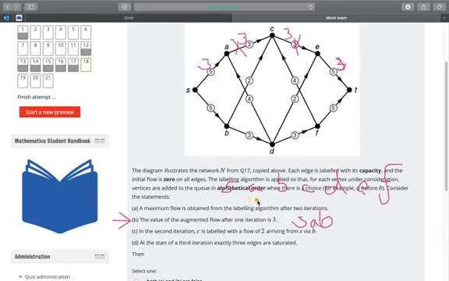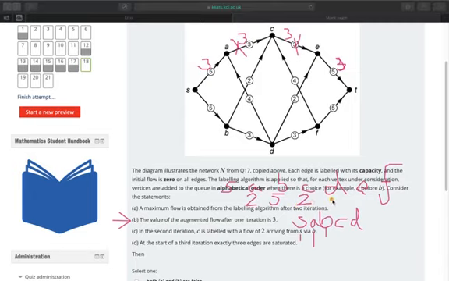S of A, we can only get 2 now from S. We can still get 5 from B, obviously. That deals with S. Then A can't see C anymore, and it can't see D because there's 0 flow, so A can't actually see anything. So this time, after B, C and D go on the Q, but they're seen from B. So C actually now gets 2 from B. That won't be so relevant.